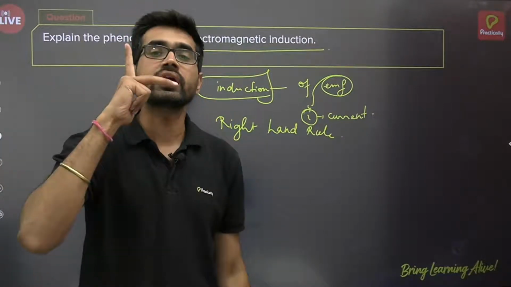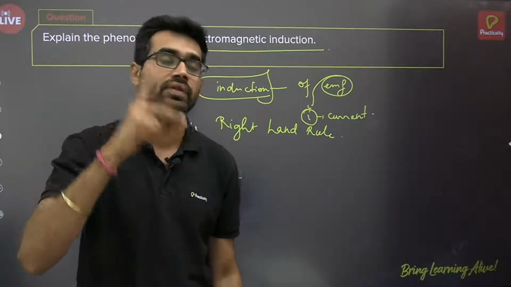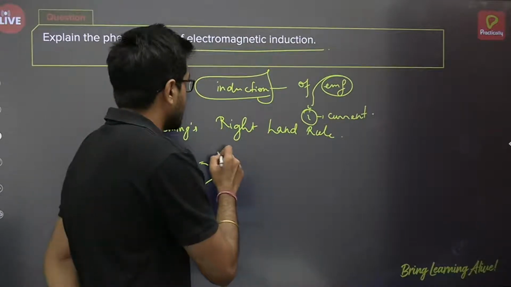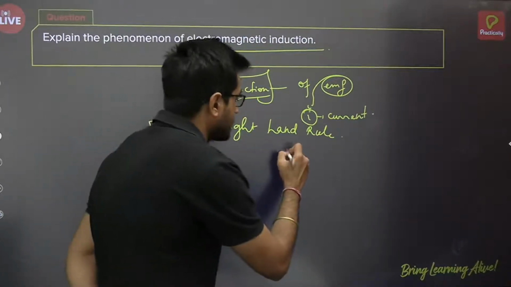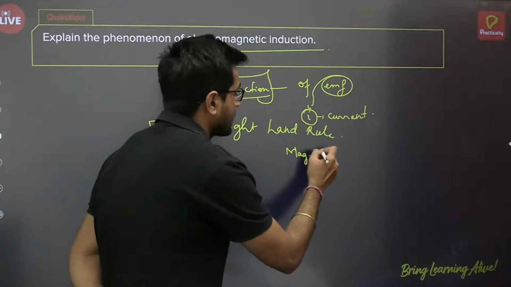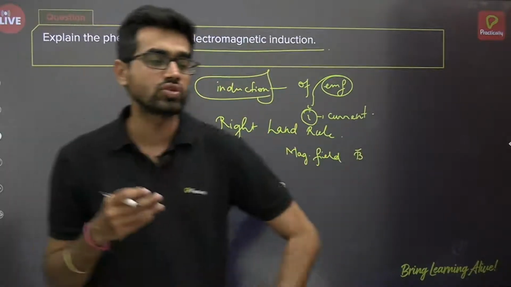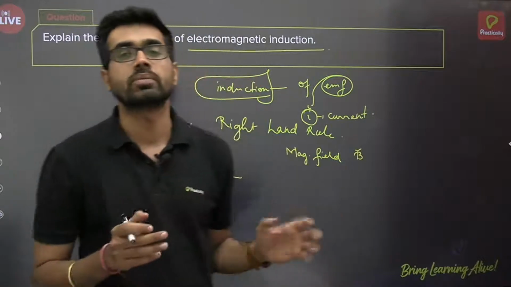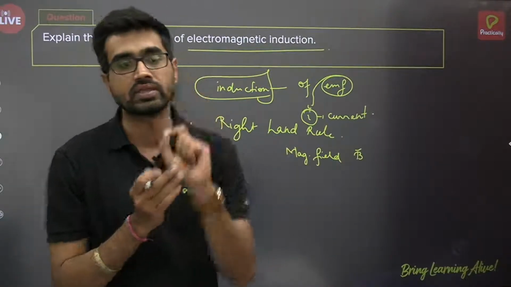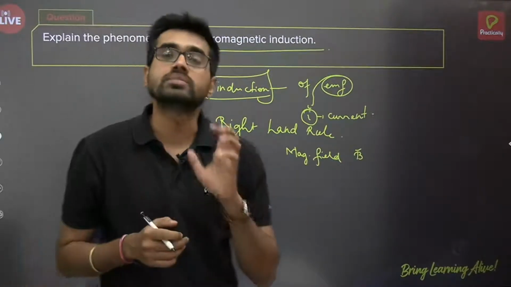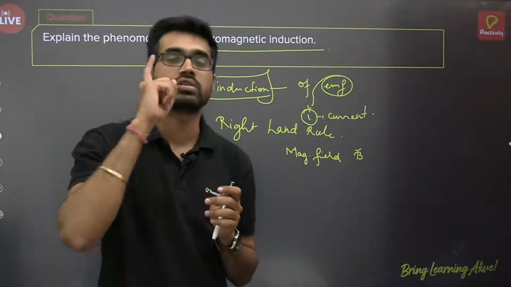My right hand I'll take. The first finger represents the direction of the magnetic field, which is denoted by the B vector. In case you don't know vectors, let it be. Just remember the letter B. So the magnetic field is represented by the letter B, the first finger.